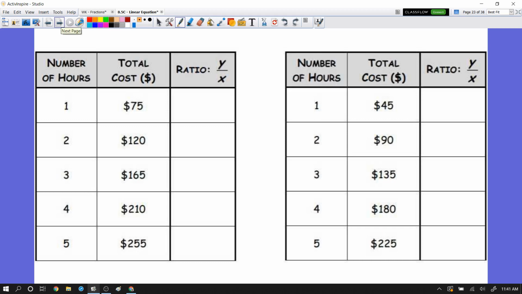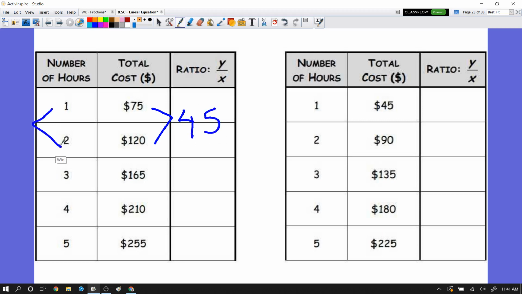Another thing that comes up is whenever you're writing an equation, and we spent a lot of time writing equations and trying to figure out if whenever we make the y equals kx or y equals mx, is anything being added or subtracted after that? And that's whenever we would go the change in y, which is 75 to 120, is 45.